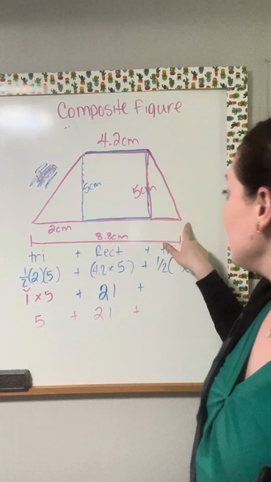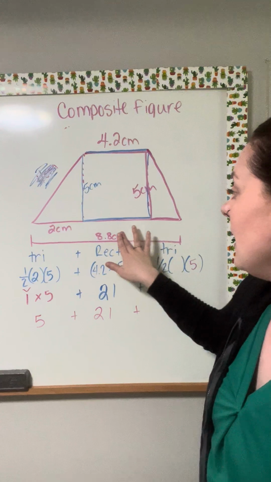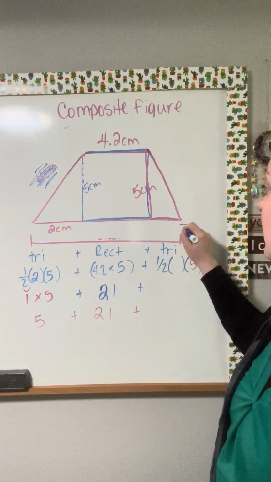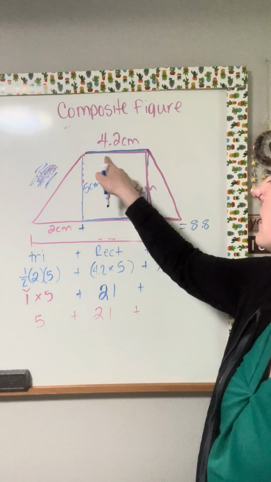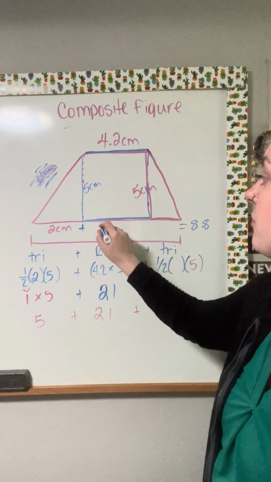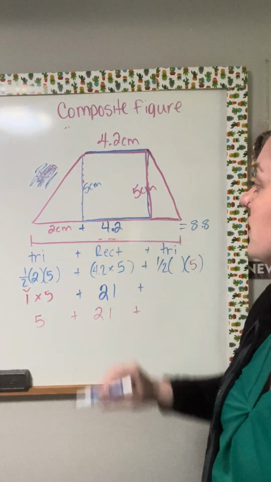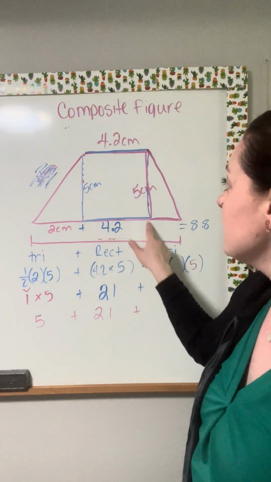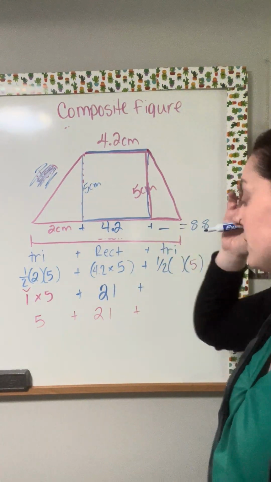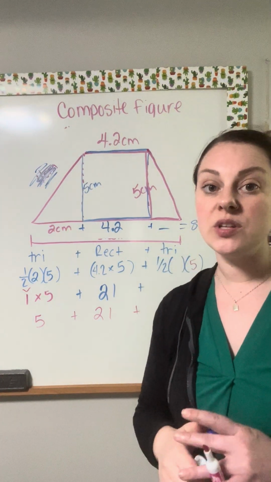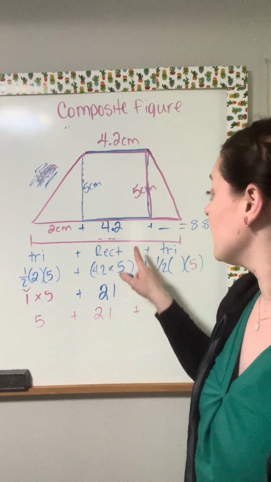From here all the way to here is 8.8. So I'm just going to put this over here. 2 plus 4.2, and I got that 4.2 because this is a rectangle. From here to here is the same as from here to here. Plus what equals 8.8?